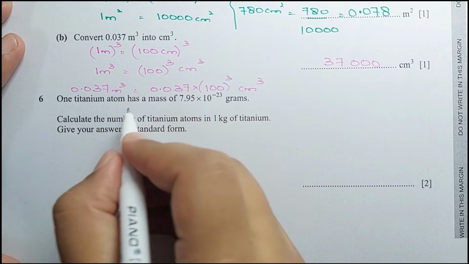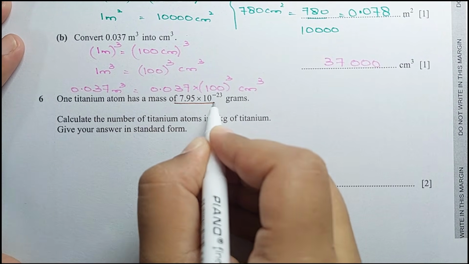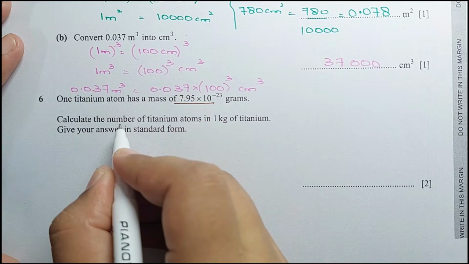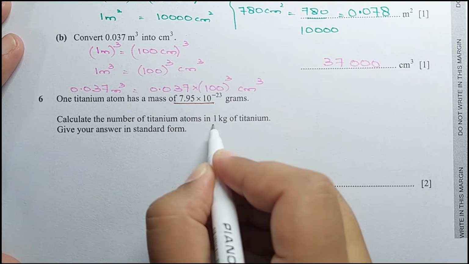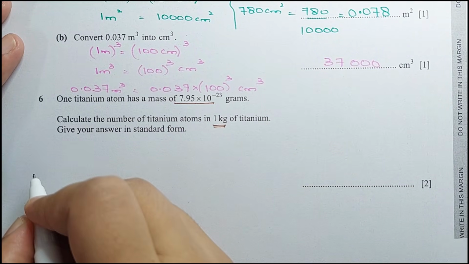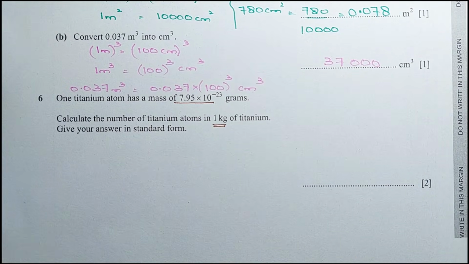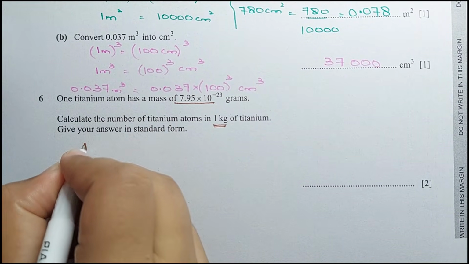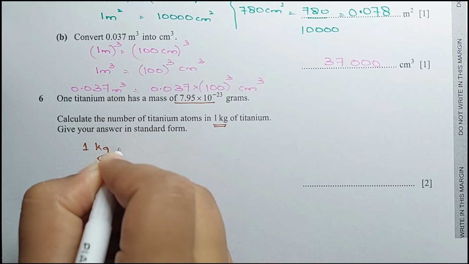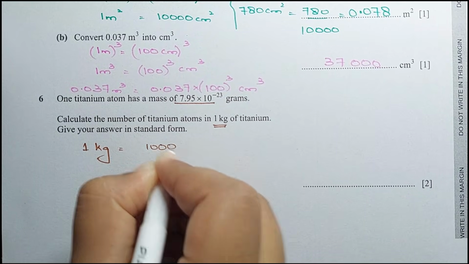Question number 6. One titanium atom has a mass of this much grams. Calculate the number of titanium atoms in 1 kilogram of titanium. Give your answer in standard form. 1 kilogram is equal to 1000 grams.